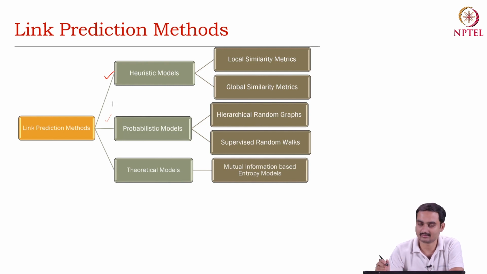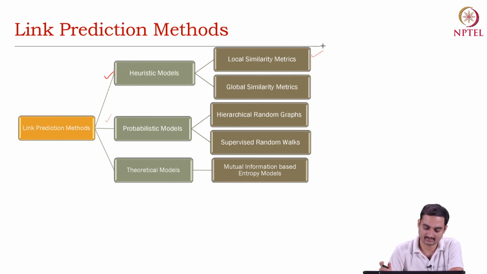In this lecture we will discuss some heuristics based on local similarity measurement and some based on global similarity measurement. In fact, there are also a few metrics which fall in between. Those are called quasi local similarity metrics.